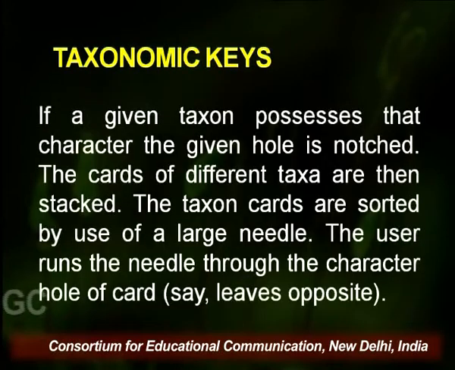If a given taxon possesses the character, the given hole is notched. That means if the hole is notched at the edge, that particular attribute is present in the taxon which we are studying. The cards of different taxa are then stacked one on top of the other, and the taxon cards are sorted by use of a large needle.